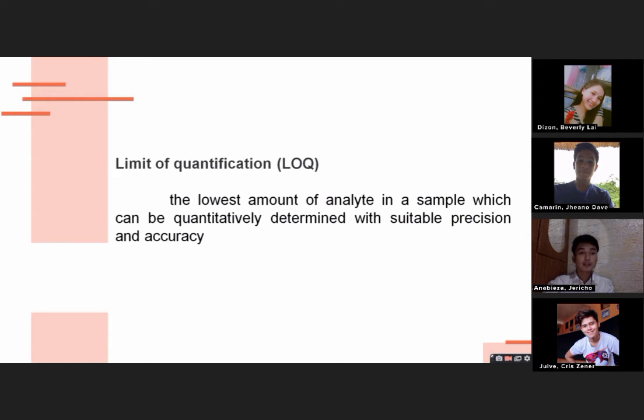The quantitation limit is a parameter of quantitative assays for low levels of compounds in sample matrix, and it is used particularly for the determination of impurities and other degradation products.